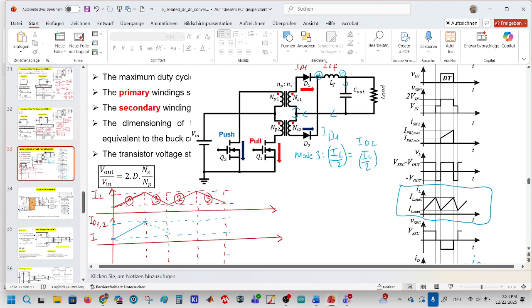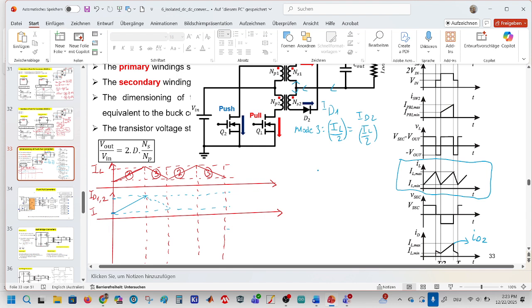Now I will draw the half of the inductor current here. Maybe as you see here in this case, this value actually is exactly the half of the inductor current.